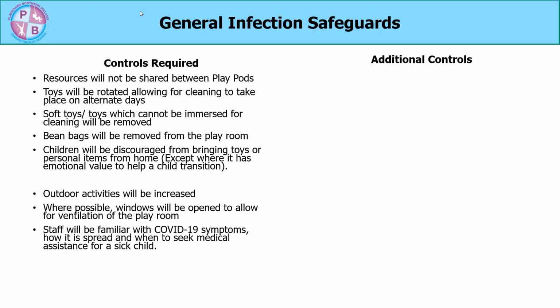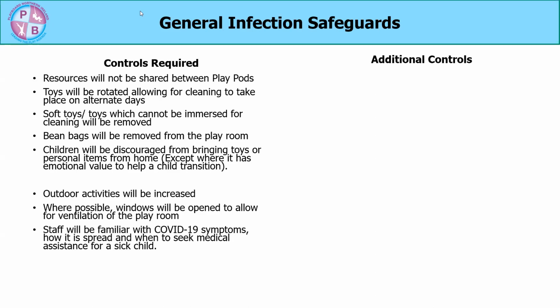Okay, so you might want to increase your outdoor activities. The guidance talks very clearly about how that's a recommendation, because once you're outside, obviously you have the free flowing air and you can introduce social distancing measures much more easily. And then where possible, windows will be open to allow for ventilation of the playroom. That's another measure that you can put in place. Think about somebody that has flu or is sick.